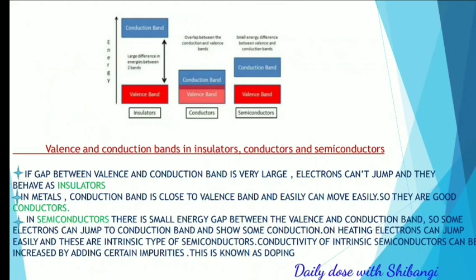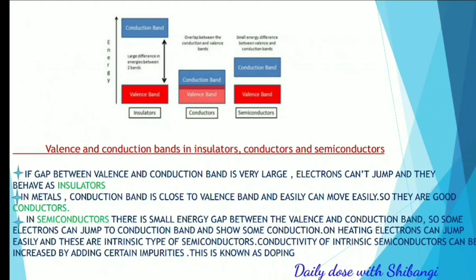Valence band is in the low energy state and conduction band is in the high energy state. In case of insulators, there is a large energy gap between the valence and the conduction bands. And if the gap is large, electrons can't jump and they behave as insulators.